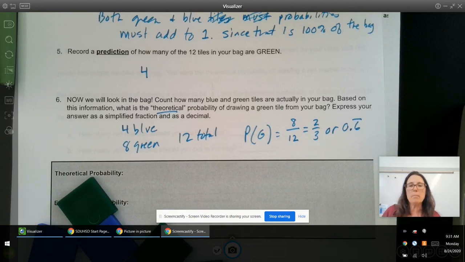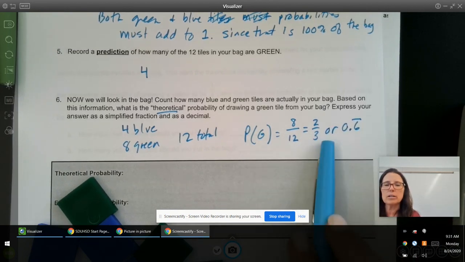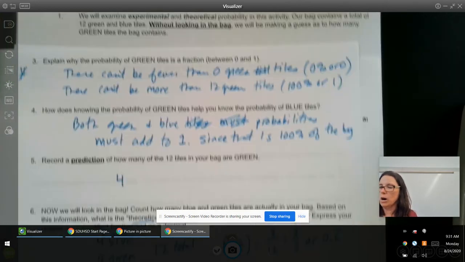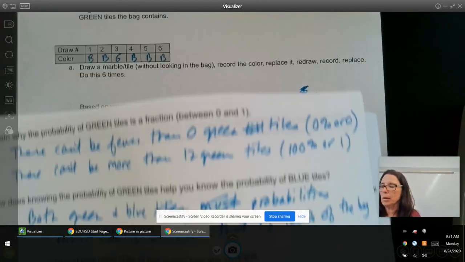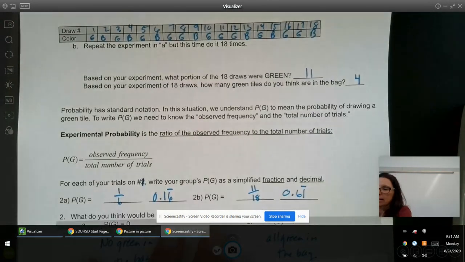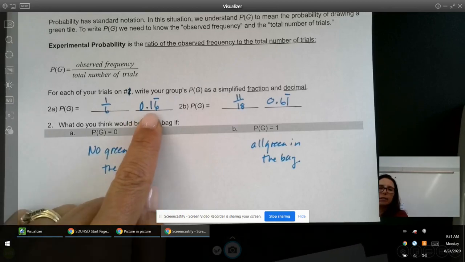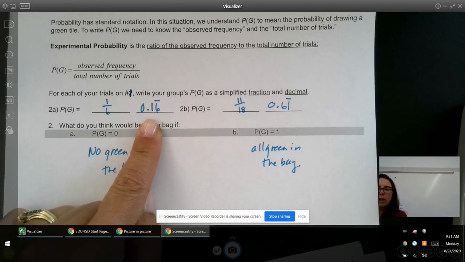Looking back, comparing this actual theoretical probability to our experimental probability. Take a look at this, guys. Way off, way different when we only had 6 grabs.